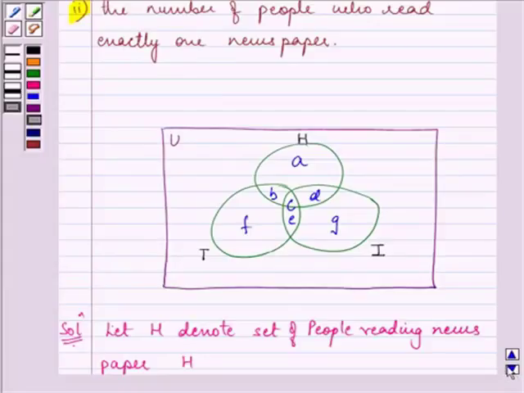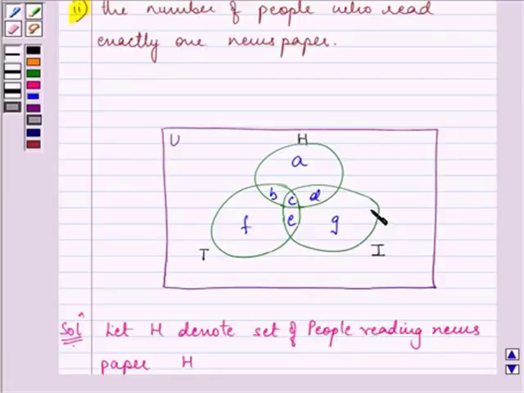Now, A plus B plus C plus D will represent the number of people reading newspaper H. Similarly, B plus C plus E plus F will represent the people reading newspaper T. D, C, E, G are the elements in set I.